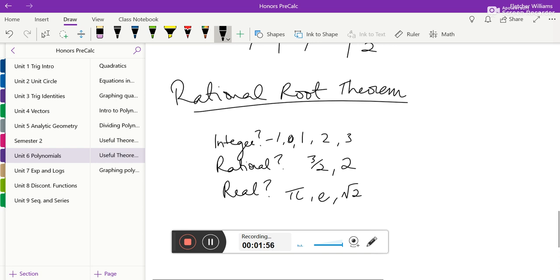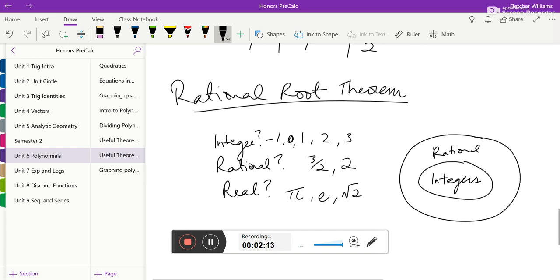You maybe remember from a long time ago you learned that there are many layers to this, but you could say that rational numbers include integers. If a number is an integer, it is also rational, but not necessarily the other way around. So for example, 3/2 is rational but not an integer.